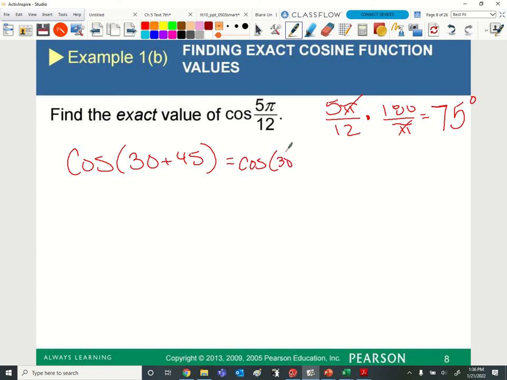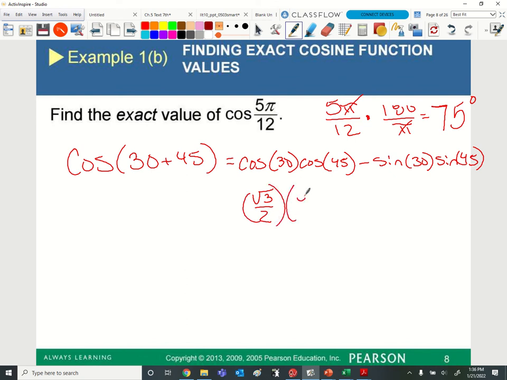Cosine 30 cosine 45 minus sine of 30 sine of 45. So this is going to give me cosine at 30 is going to be rad 3 over 2.